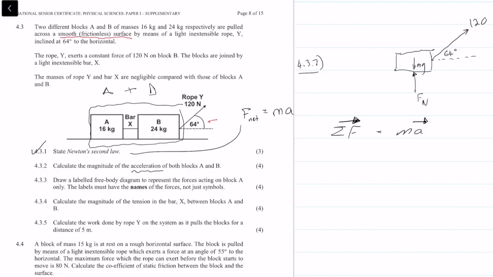So let's think about the forces acting. We have this component of the applied force, and that's going to be F applied cos 64, which is equal to, there's no other forces acting, the mass, but the mass is going to be the total mass, so that's 16 plus 24 times acceleration.